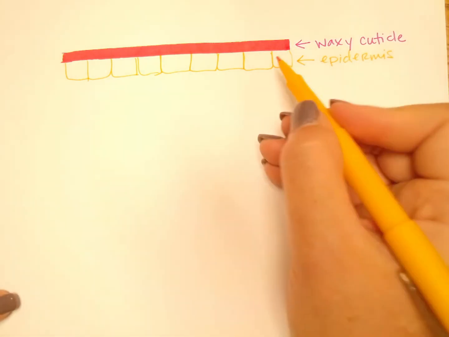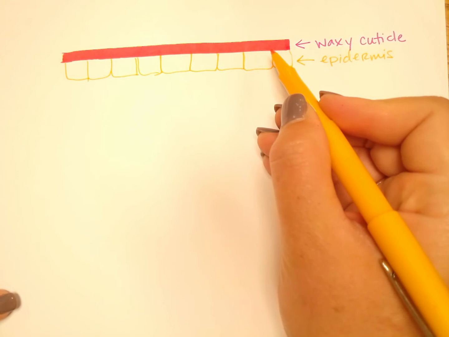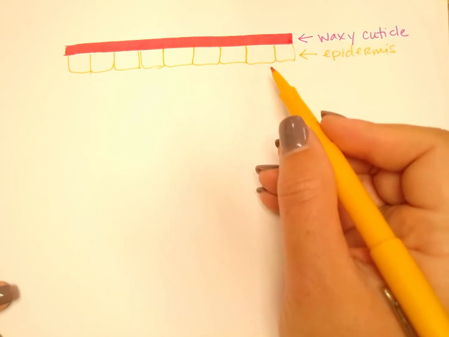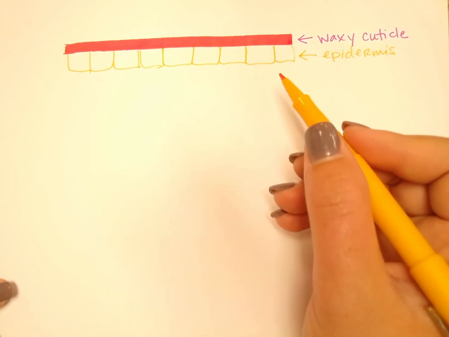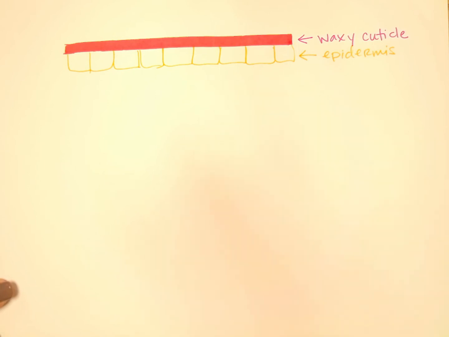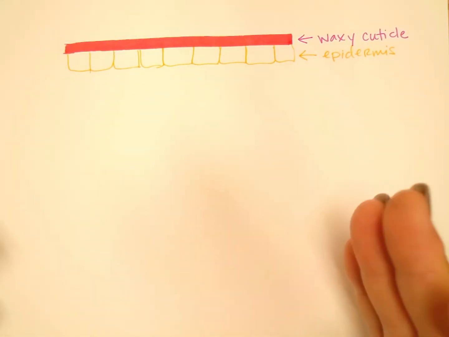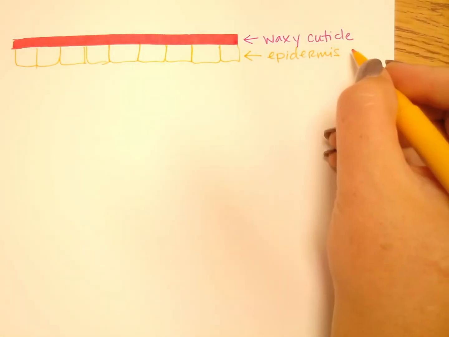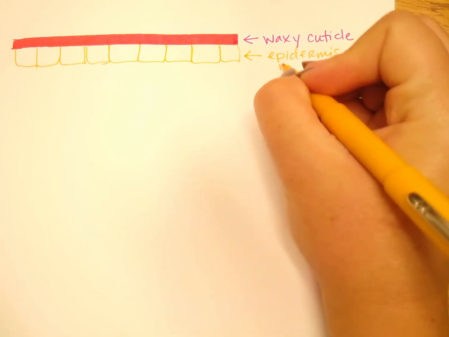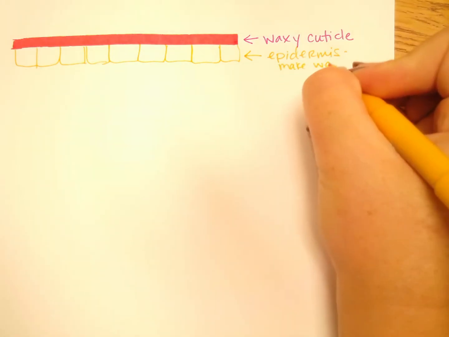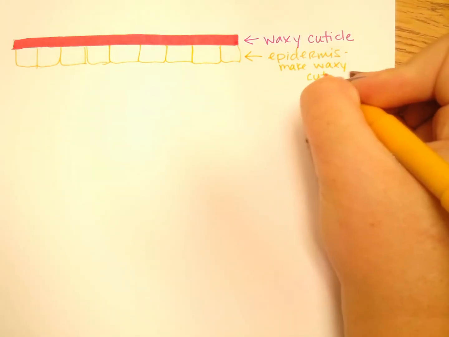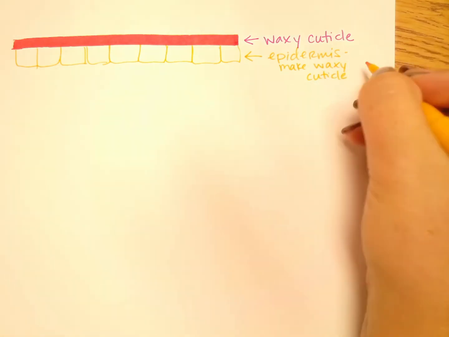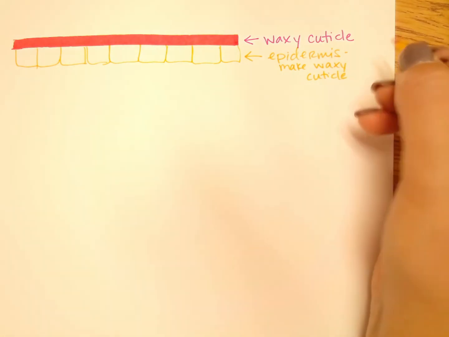Its job is to make that waxy layer so that the plant stays protected, both from losing too much water, from bacteria, from all of the things that could invade the plant, right? The job of the epidermis is to make the waxy cuticle and protect the plant, right?